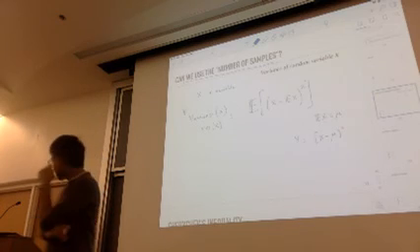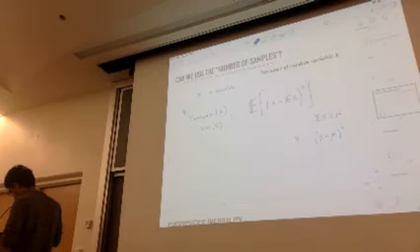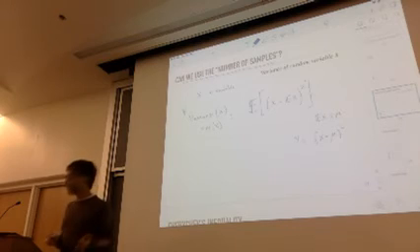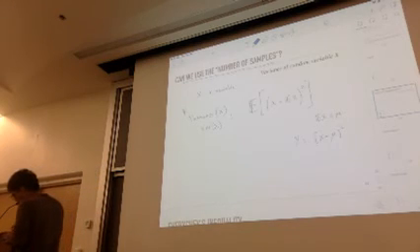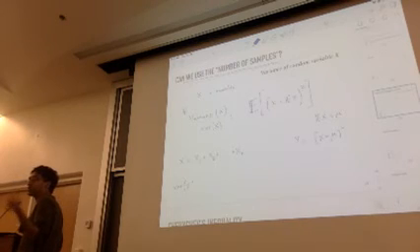One interesting property about variance is that if you have the sum of a bunch of random variables, so if x is equal to x1 plus x2 plus up to xn, then the variance of x is equal to the sum of the variances, as long as they are independent.